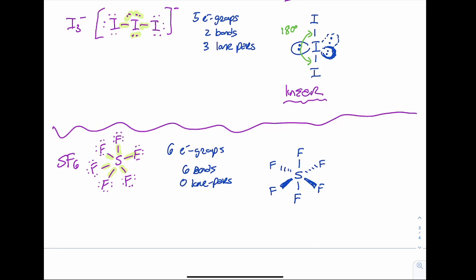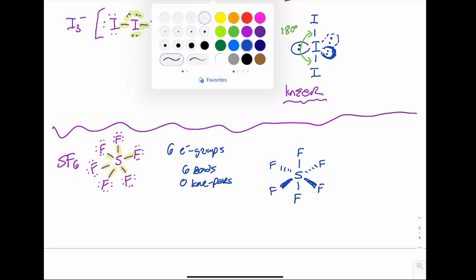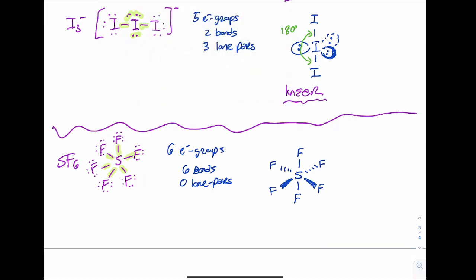All of those bond angles are 90 degrees, right? I have 4 around the middle, so between here and here, here and this one, right? This one around the back, and that one, right? Because there's 4 of them and they're all in the same plane, they're going to have 90-degree bond angles. And then between my top fluorine and all those ones on the side, 90 degrees. Between my bottom one and all those ones on the side, 90 degrees.